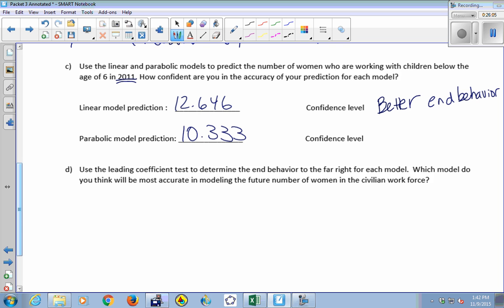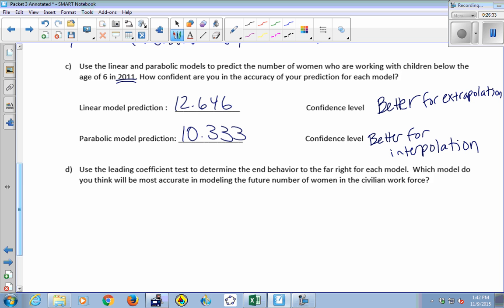So this is better for interpolation. And this one is end behavior. We could also say this is better for extrapolation. Okay, that's when you're making predictions outside of the data set.